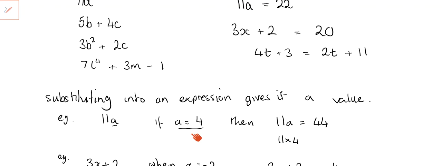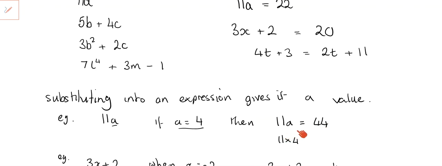Is 4 any special number in this case? No, I just picked it. It could be anything. But I'm going to substitute a as 4, which means I'm going to replace a with 4. That means 11a will equal 44. Okay? So I've given the expression a value.